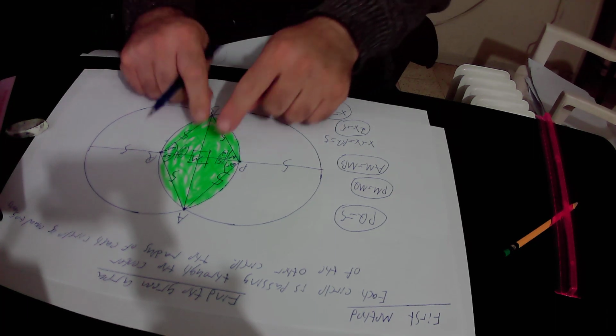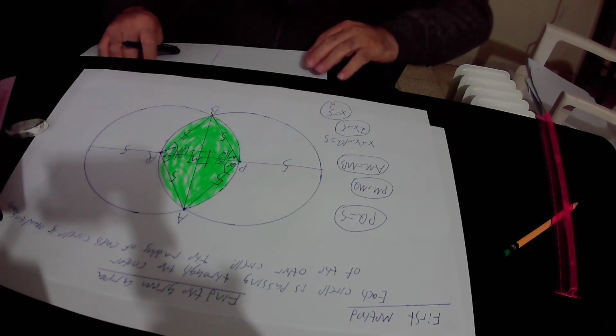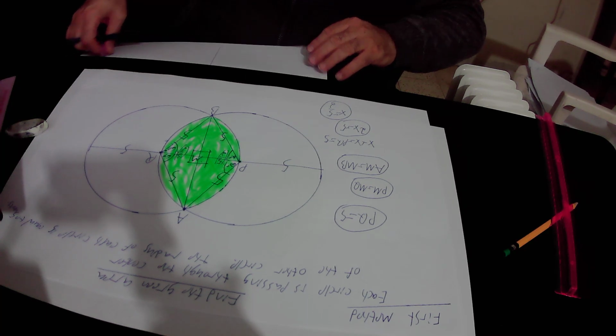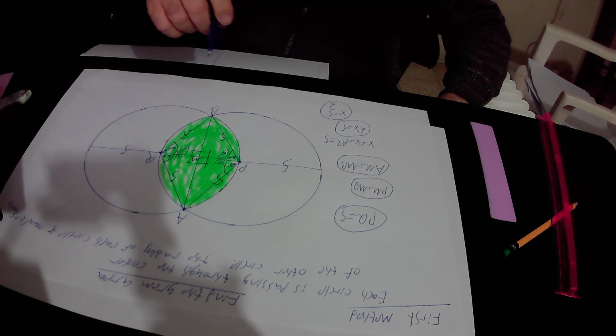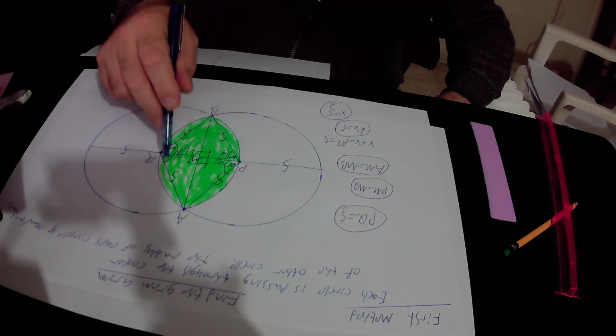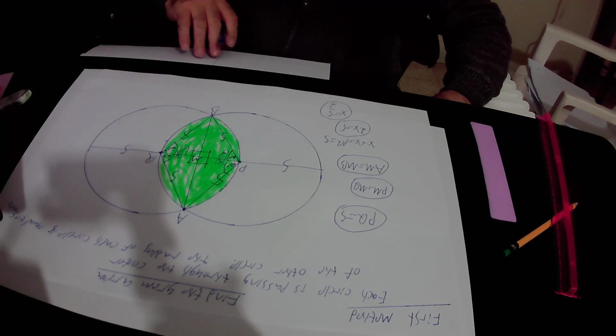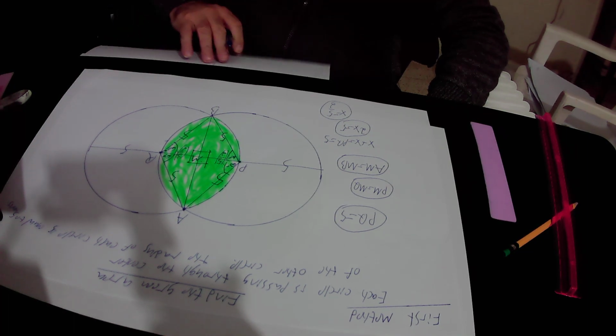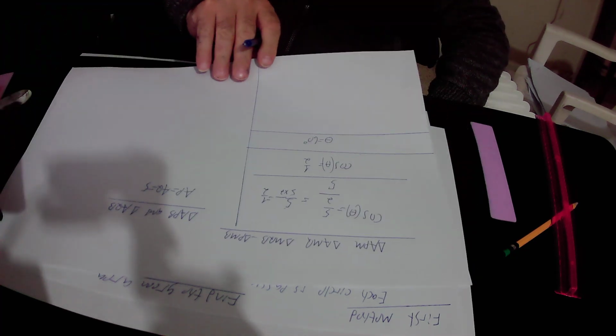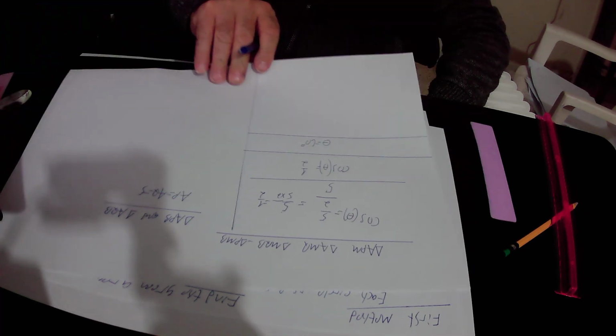First of all, we know that AP equals AQ equals 5 units.